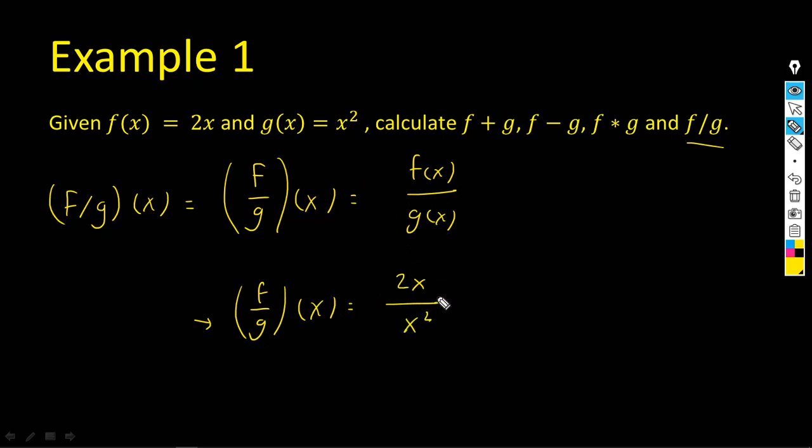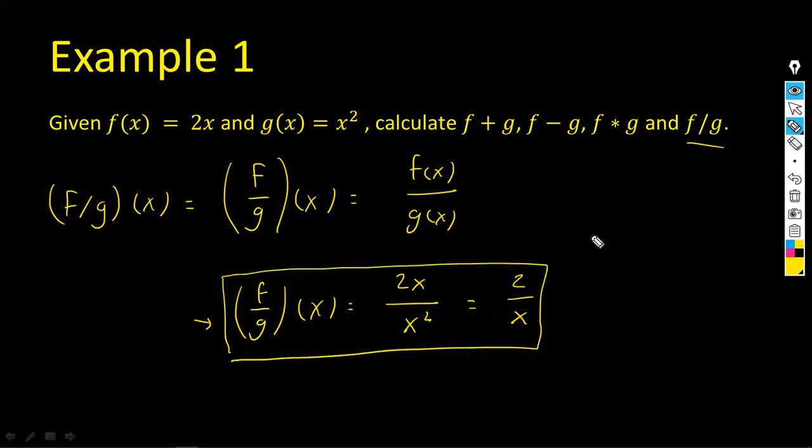And again, this is already completed. This is already a good answer. But we like to simplify this. We can simplify this in this way. And by now, again, you should know why this is the same as this very quickly and very naturally. So this is the solution. Okay, so as you can see, the algebra of functions is carried out in the same way that we do algebra with numbers, save for a small difference, which I'm going to talk about in the next examples. Okay, just have that in mind.